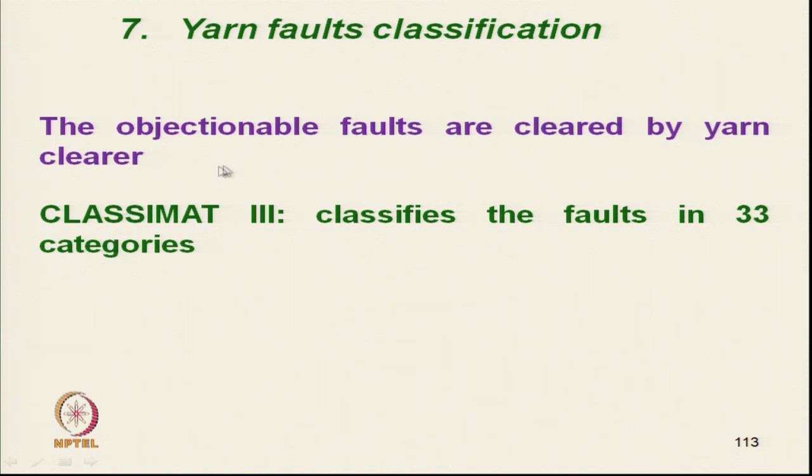The objectionable faults are cleared by the yarn clearer. The yarn clearer is set, and there are settings for what type of faults we want to clean. And in the next model, Classimat 3, instead of 23 categories, they have classified faults in 33 categories. This is only a matter of software.